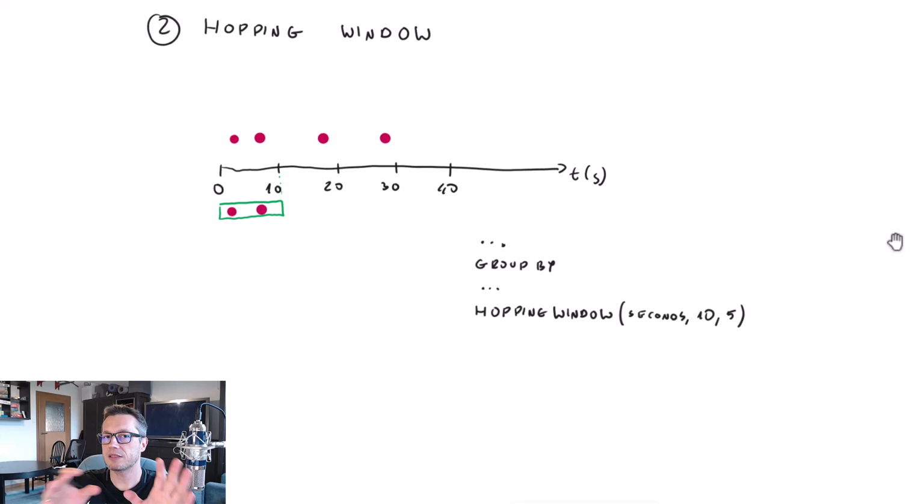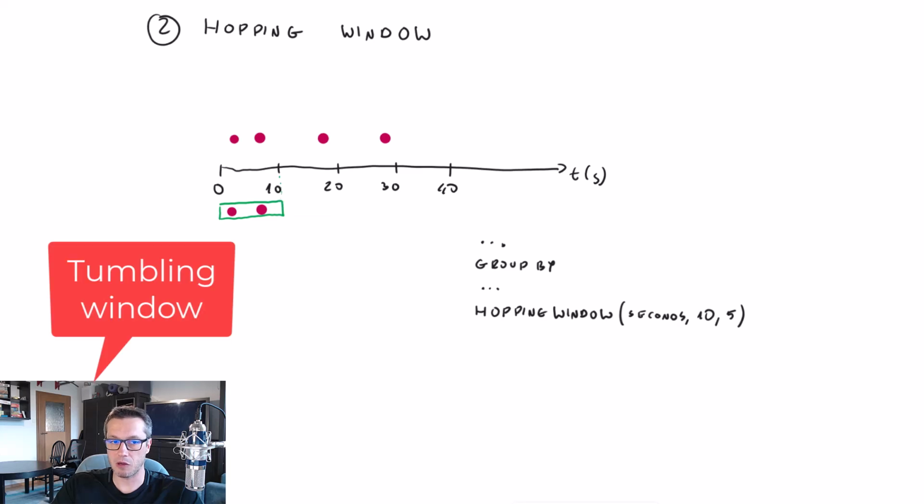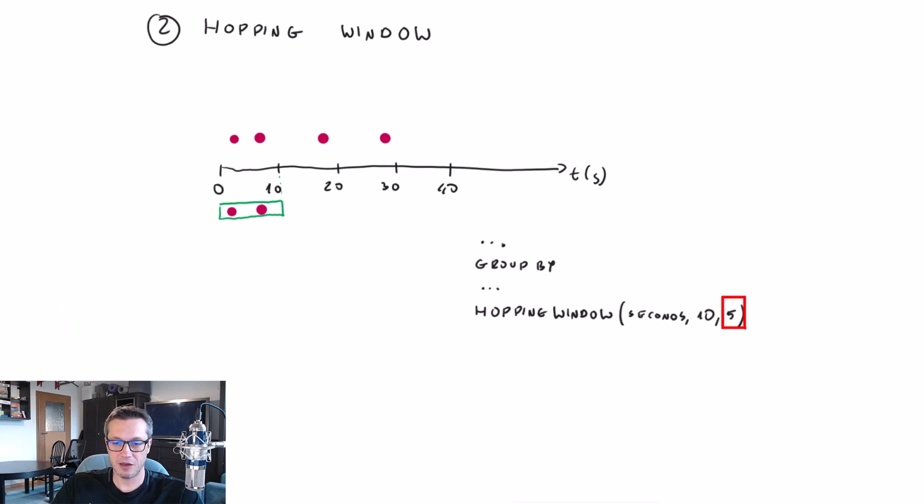But then the next window won't start here like in case of tumbling window. No, because we've got this hop parameter that says what's the hop or what's the delay. In our case, it was 5 seconds. So the next window would be like this, from second number 5 to second number 15.